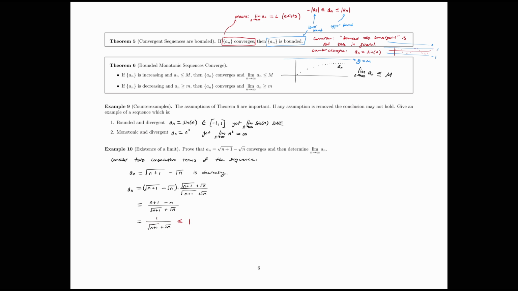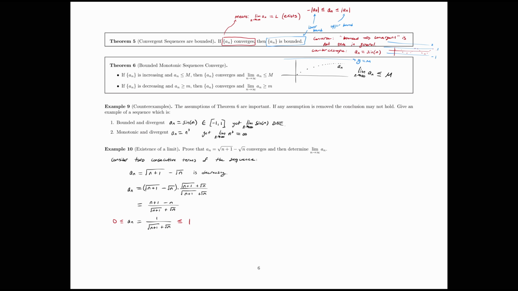Furthermore, this a sub n is going to be bounded below by 0. Because no matter how large we make this denominator, while that will make the fraction small, it will never make it exactly equal to 0. So this general term for the sequence a sub n is bounded between 0 and 1.